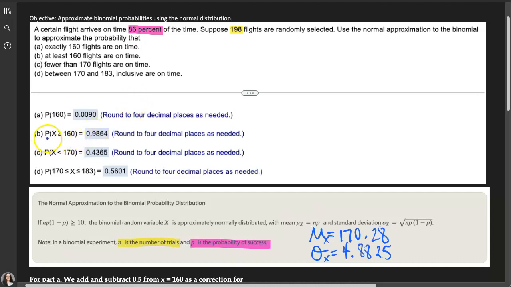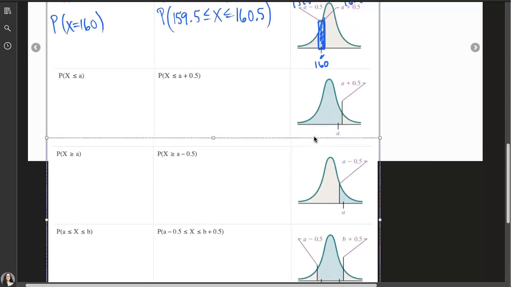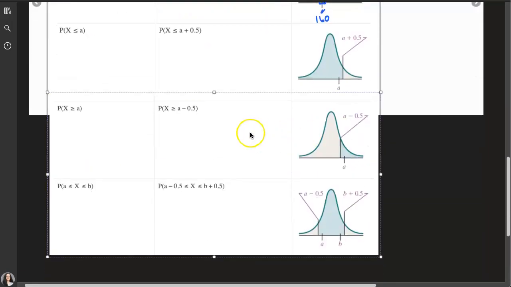So this next one is the probability that x is greater than or equal to 160. When I come back down to my table, I had to grab more of a screenshot here from the text. That would most closely match this particular row. So I'm looking at the probability that x is greater than or equal to a. In this case, I would have to replace that with 160.